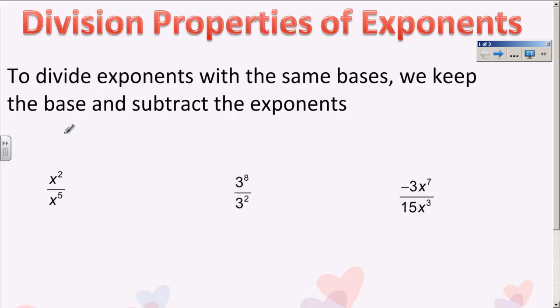I'm going to show you with this first example why we have to move things that have negative exponents. This division example is going to make perfect sense. If I write this in expanded form, so x squared is x times x, and then on the bottom, x to the fifth, I have 5 of them.